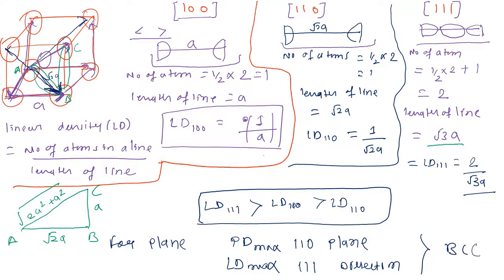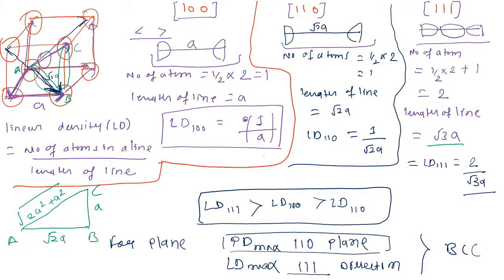In the next part of this lecture we will see the slip systems, or closest packed plane and closest packed direction, for FCC. One more piece of additional information: in the case of BCC we have a closest packed direction, but no closest packed plane.